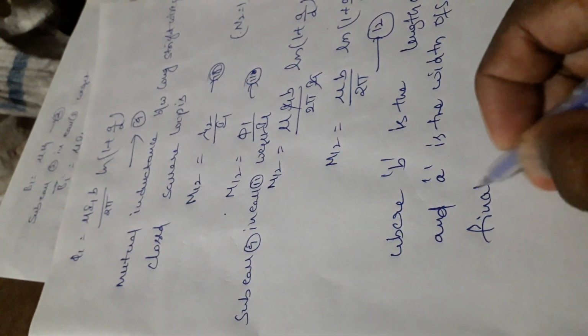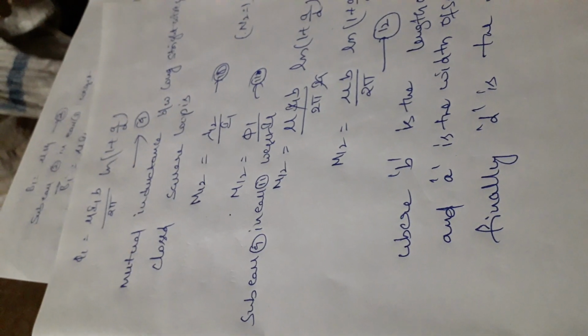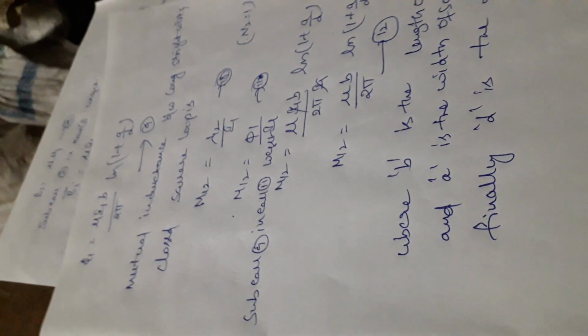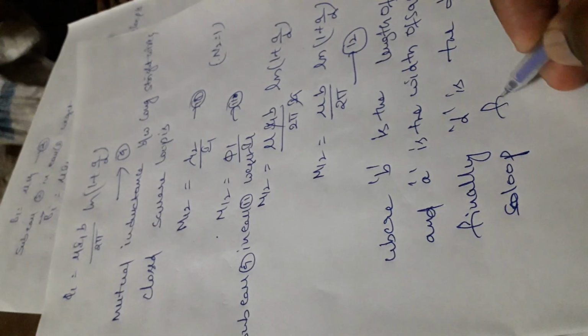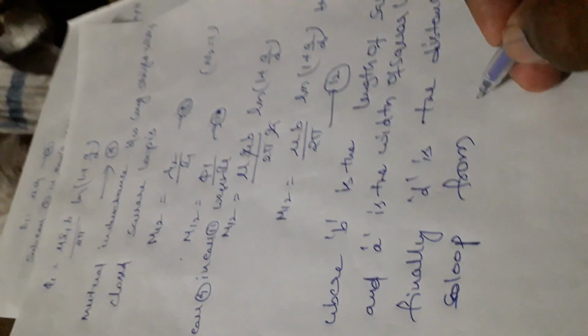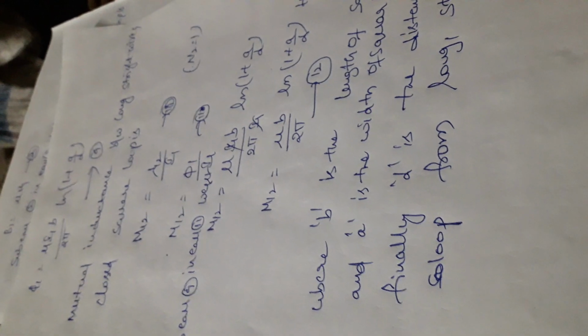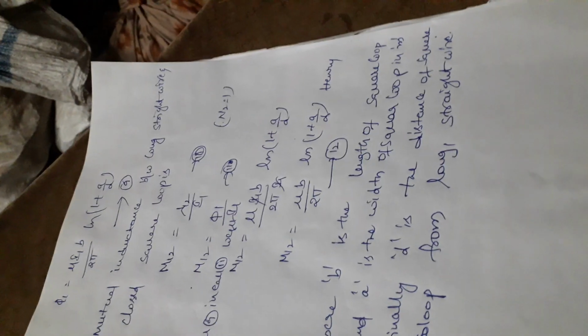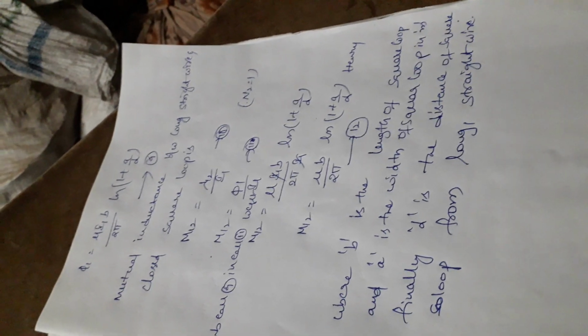Finally, small d is the distance of the square loop from the long straight current carrying wire. So this is the mutual inductance between a long straight wire and a closed square loop which are placed in the same plane.